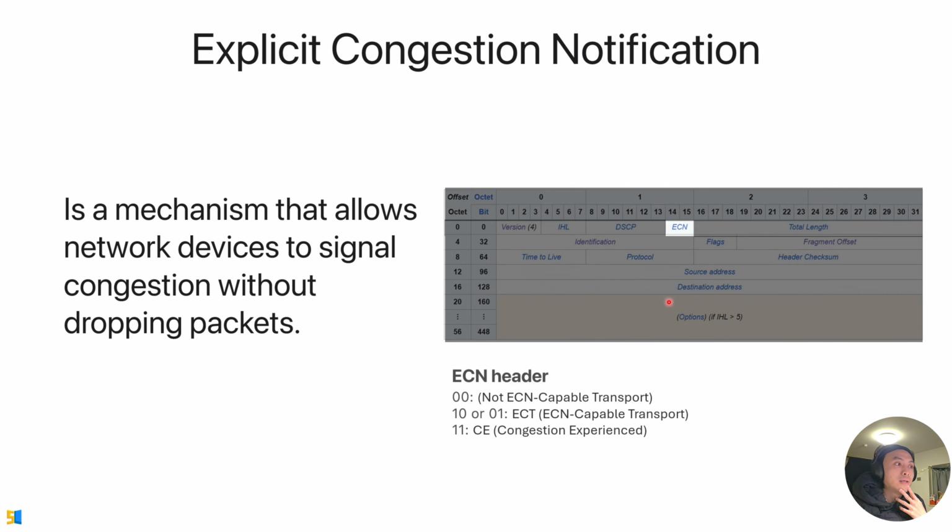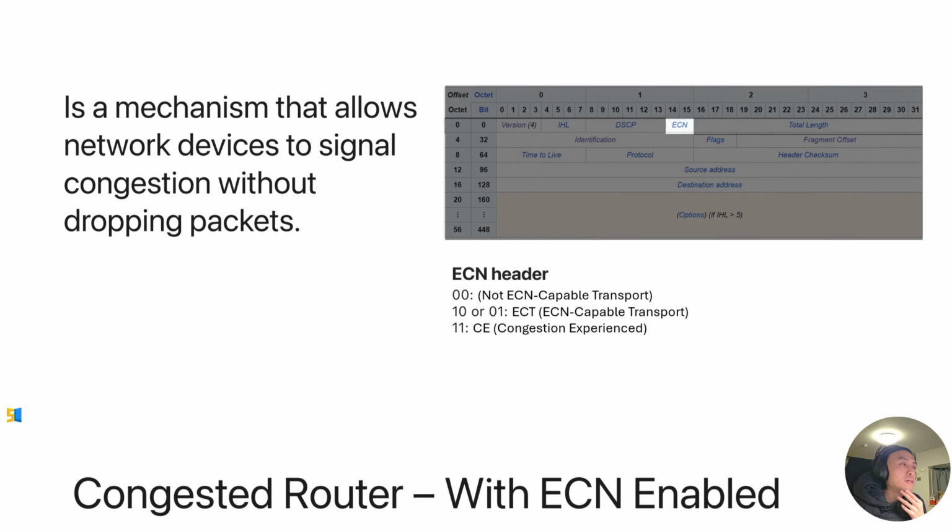This 2-bit header is a combination of 0 and 1. 0,0 means that this device is not capable of ECN. A combination of 0,1 or 1,0 means that this device is capable of doing ECN. And if the value is 1,1, it means that it is experiencing congestion. So how does it work?